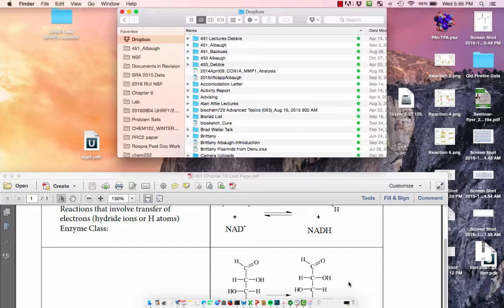The enzyme that catalyzes this reaction is aldolase, because the enzyme is cleaving an aldol.